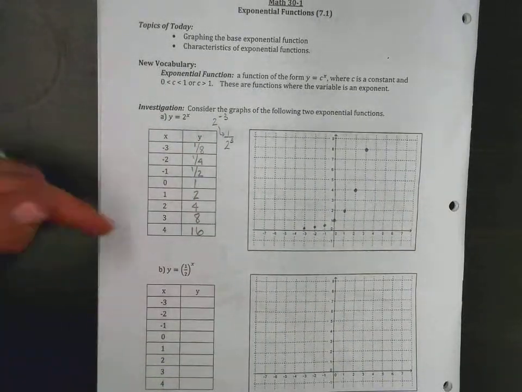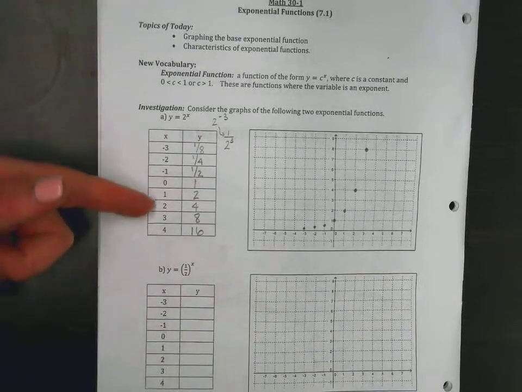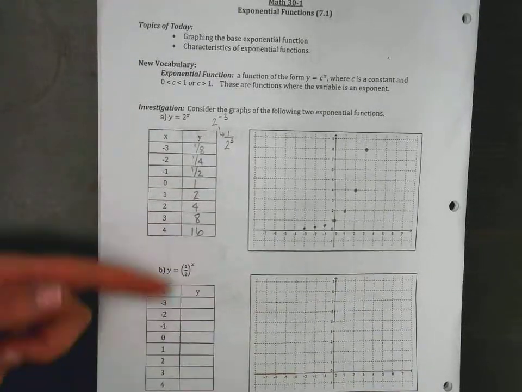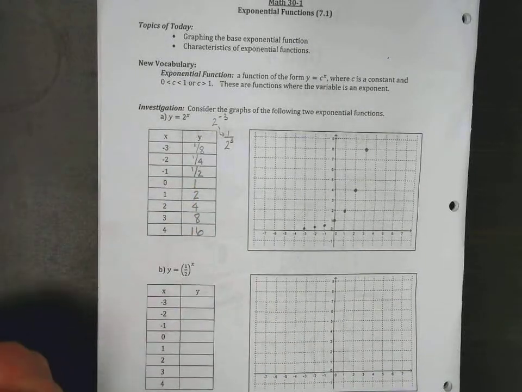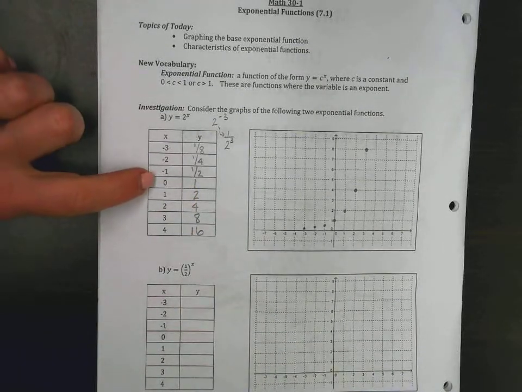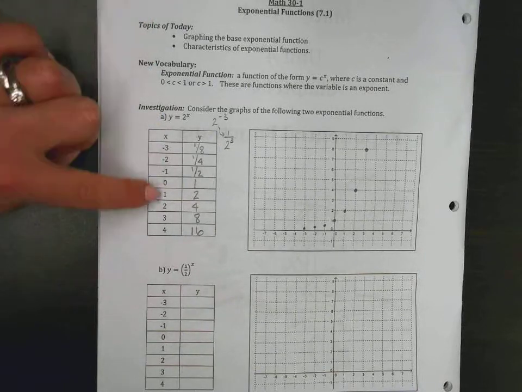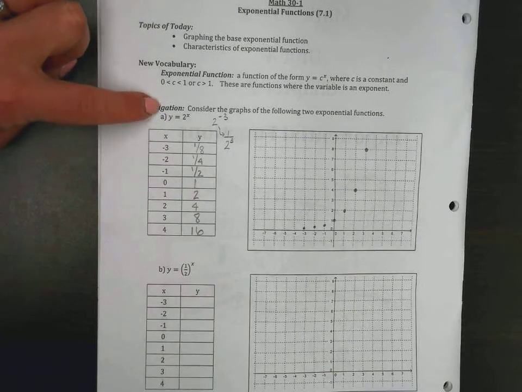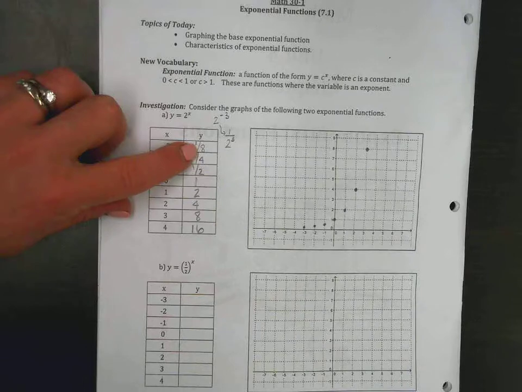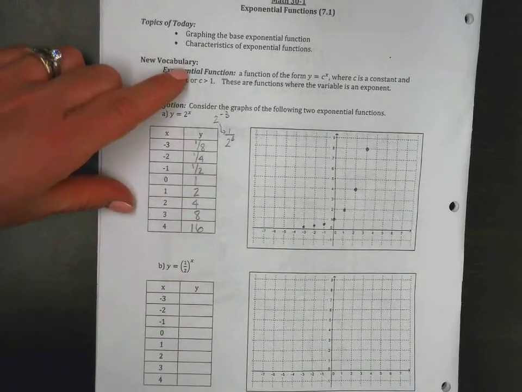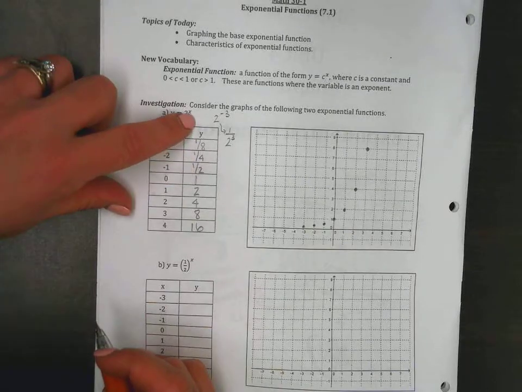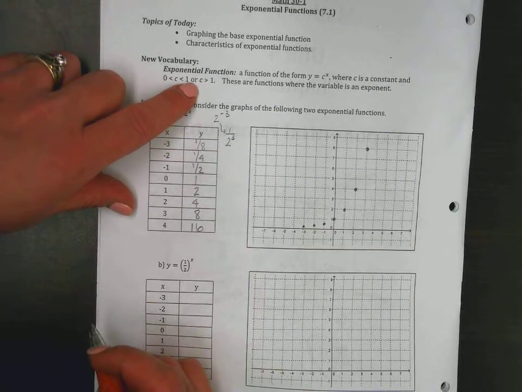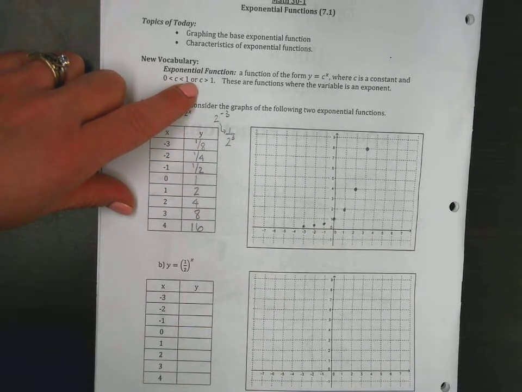So as you can see, as these values get increasingly bigger, or as x approaches infinity, our y values will also approach infinity. As our x values get increasingly smaller, so as these values approach negative infinity, we will always be reciprocating this as 1 over 2 to some power. So these values will always be approaching 0, but they will never actually equal 0.